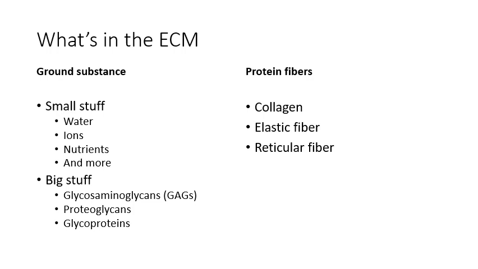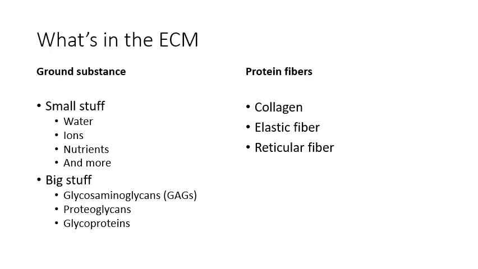Your small stuff is including water, various ions, nutrients like glucose or ATP, or vitamins, and more. So for instance, in nervous tissue, you would also have a lot of signaling molecules in the small stuff of the ground substance. Then there's 3 basic types of larger molecules in ground substance.